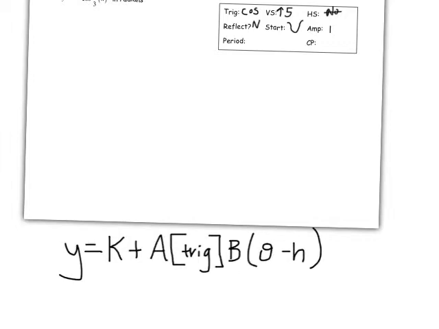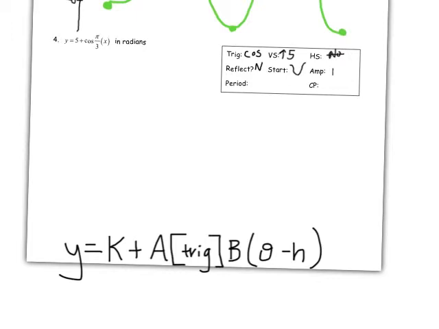So what affects the period is the thing that's in between the trig and the theta. It gets multiplied times the theta, or in this case, the x, because we're in radians. But the key thing is that it's getting multiplied, not added or subtracted. That's horizontal shifts. But being multiplied affects the period.